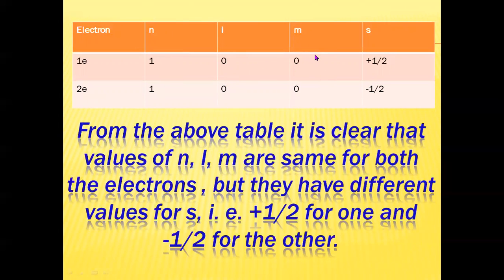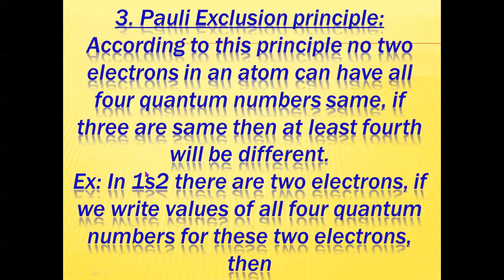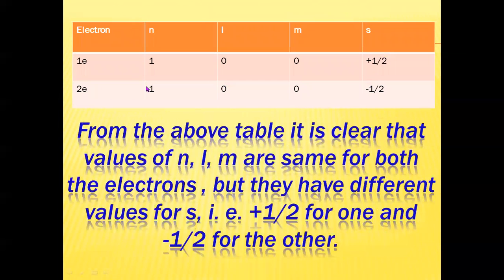And here, for the second electron also, the values for n, L, m are the same because the second electron also belongs to the 1s orbital. Then after having the same values for three quantum numbers, we cannot have the same value for s, that is the spin quantum number. If we assign plus half to the first electron, it should be minus half for the second.